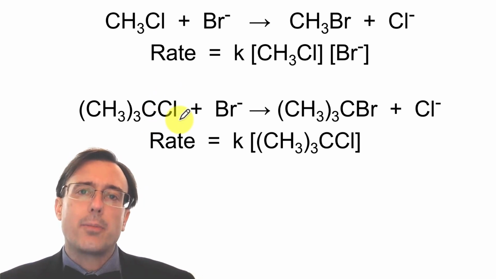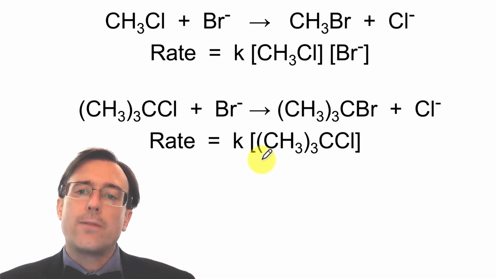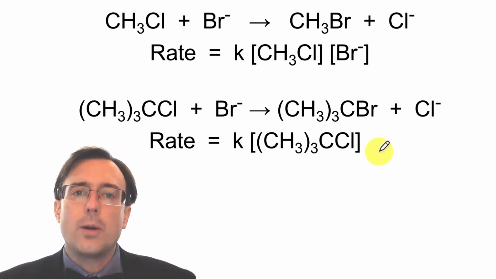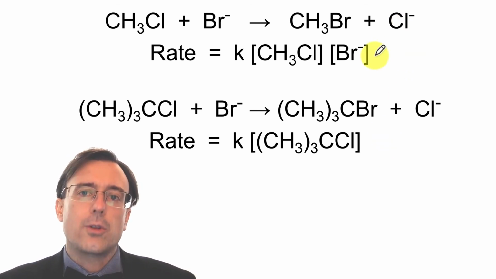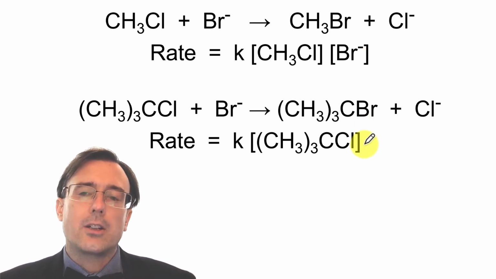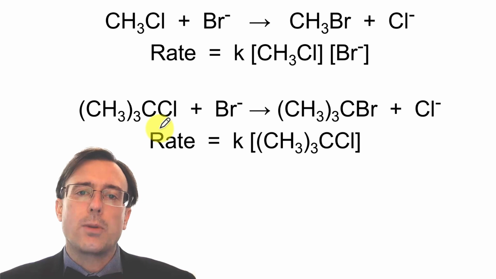This actually has a completely different rate law, and the rate law for this reaction is only first order overall and doesn't depend on the concentration of the bromide. And so what does that tell you about that particular process? It tells you that the first reaction most likely occurs through a one-step reaction mechanism. The second reaction right here most likely occurs through a two-step process where you're first breaking that carbon-chlorine bond and subsequently forming a different carbon-bromine bond.